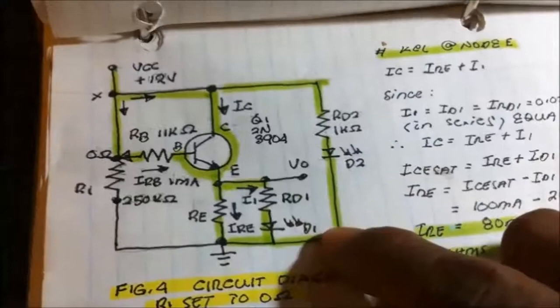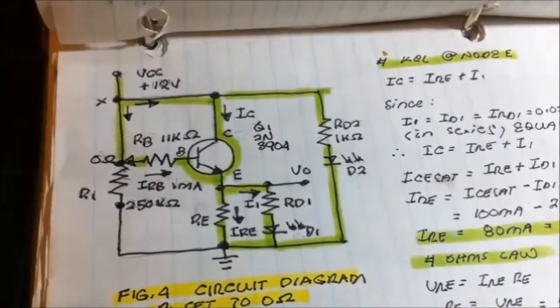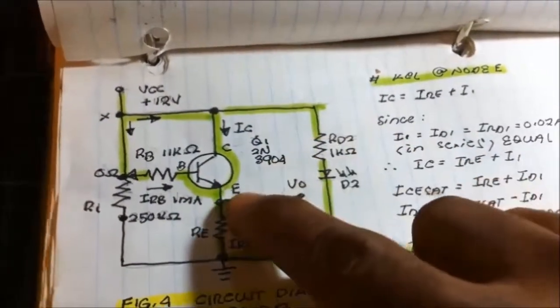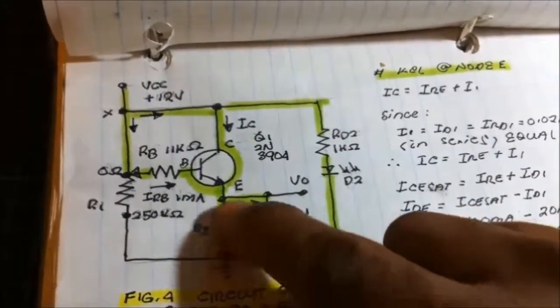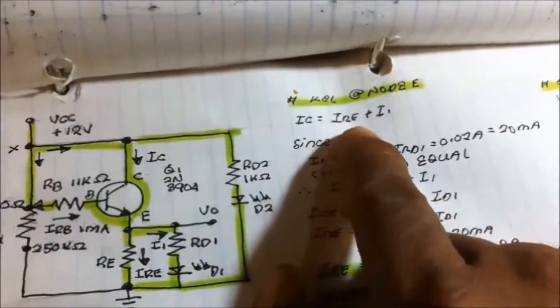We are using a current here because this is a current-driven device. IC, which is the total current, is now dividing.